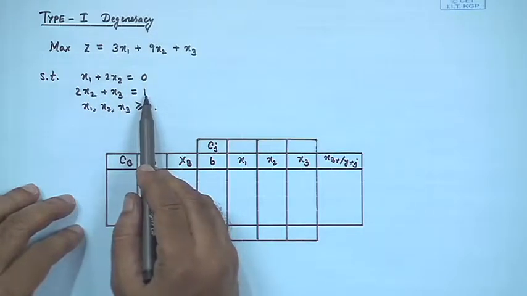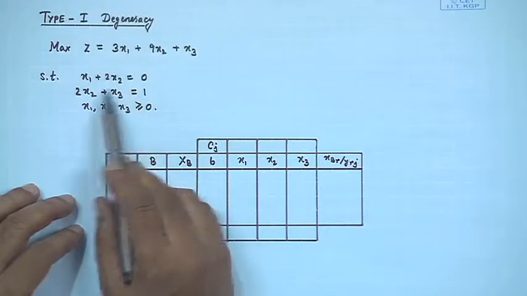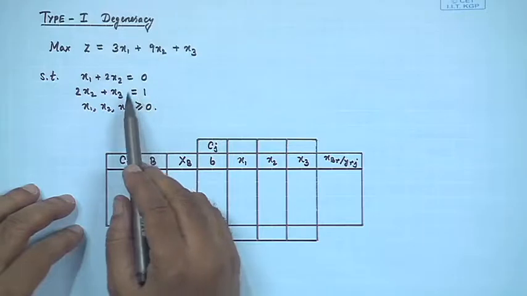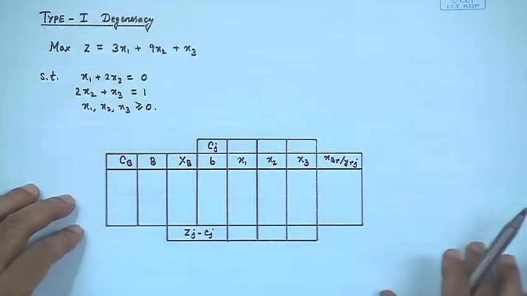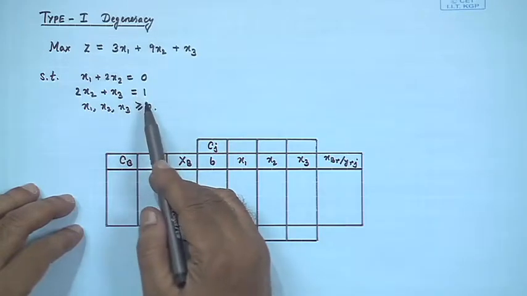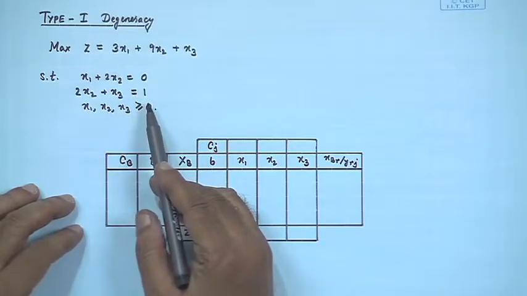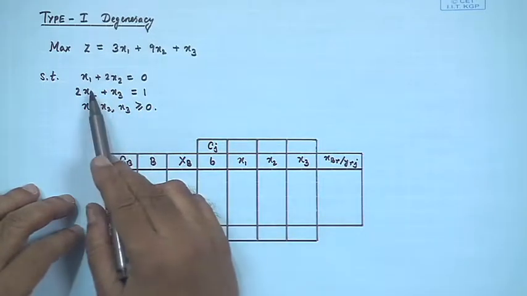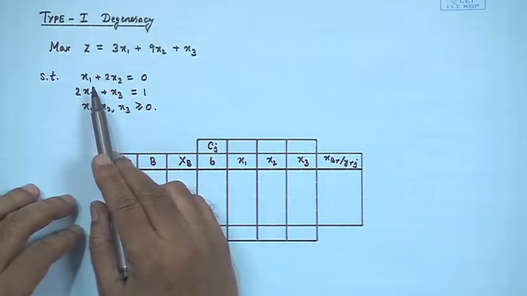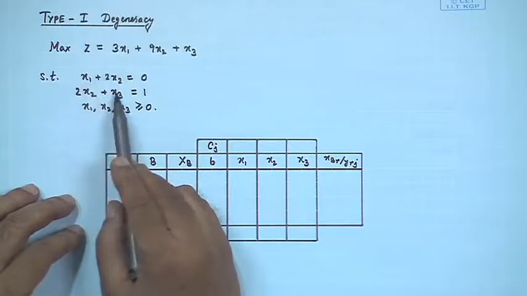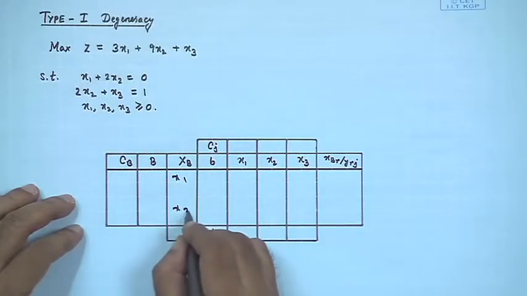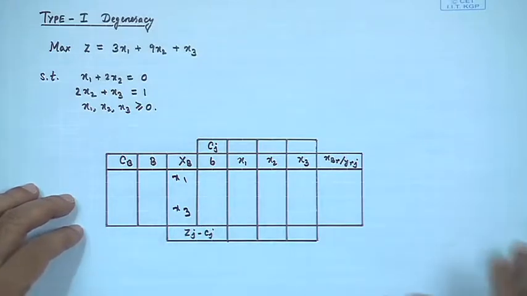So that solution gives the basis, which forms the unit vector 1 0 0 1. I do not need any artificial variable here, and the basic variables will be x1 and x3.